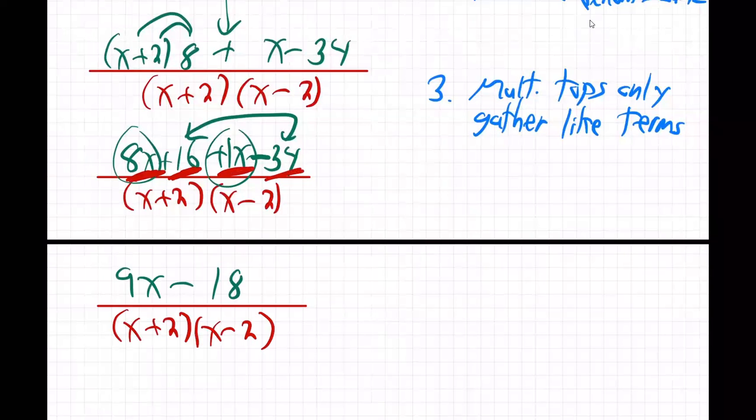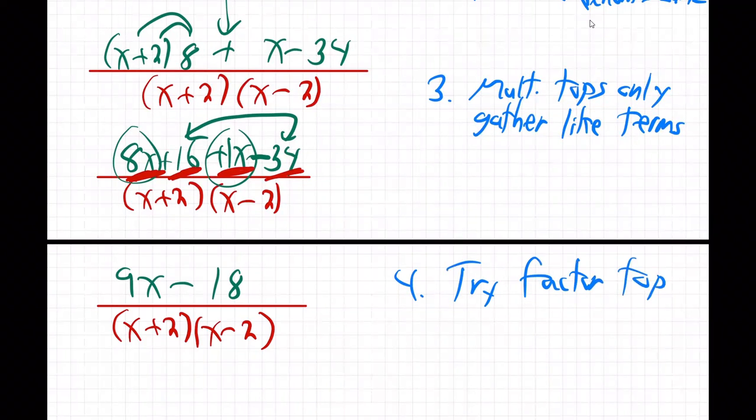Now we have a step number 4. Why aren't I just done right here? Well, look at the top. We can factor the top. Now, normally, most of the time we can't do it. Most of the time, the top will not factor. So let me just say, try to factor the top.